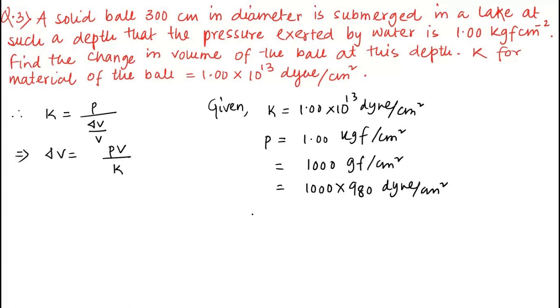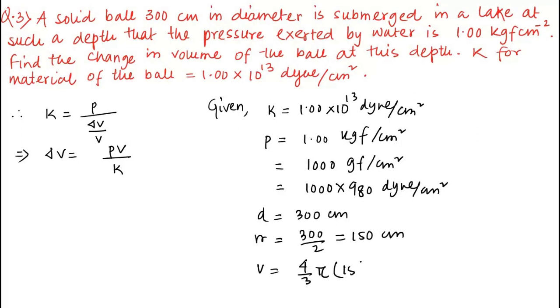Okay. Then another data that is given, which is diameter of the ball. So D is equal to 300 centimeter, and so the radius would be 300 divided by 2 is equal to 150 centimeter. And from here we can calculate the volume, which is 4/3 pi 150 cube centimeter cube, and just put all the values in this equation.